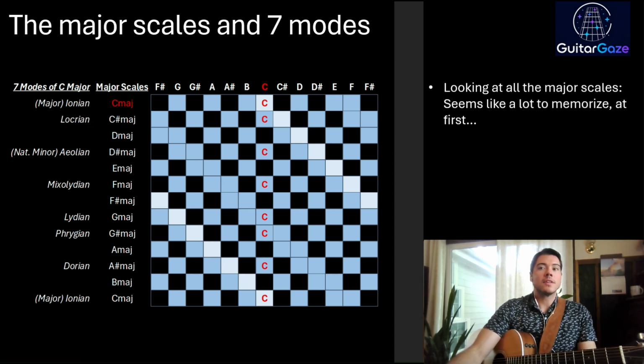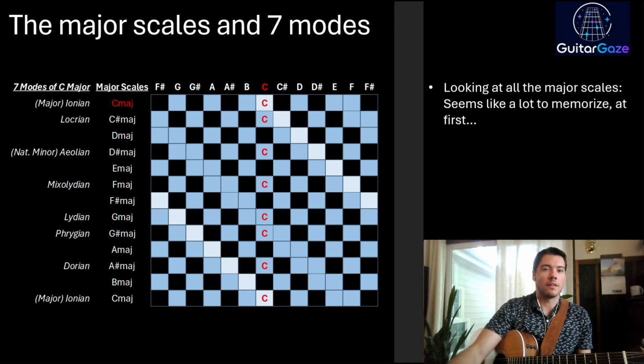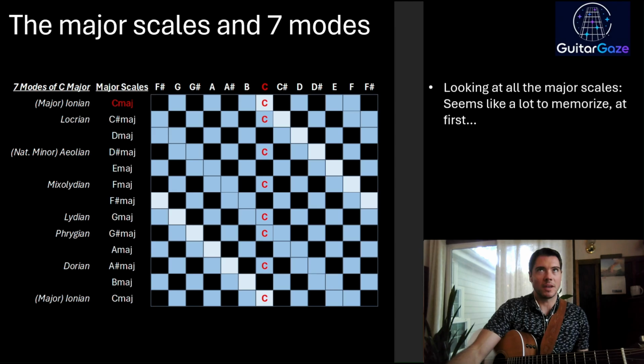The 7 modes of the C major scale are the same as the major scale in other keys whose major scale contains C. Or to think of it another way for guitar, the 7 modes of C major are created by changing the position of C within the spatial structural pattern of the major scale, which is whole step, half step, whole step, half step.